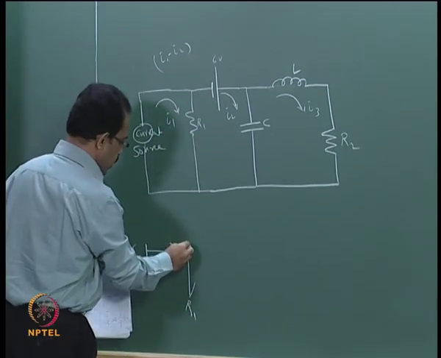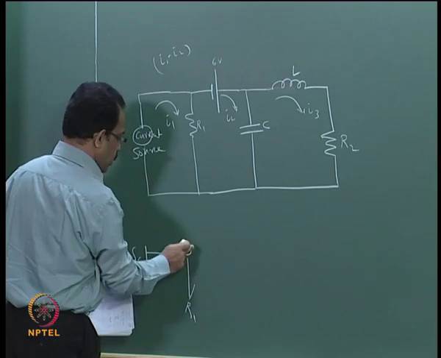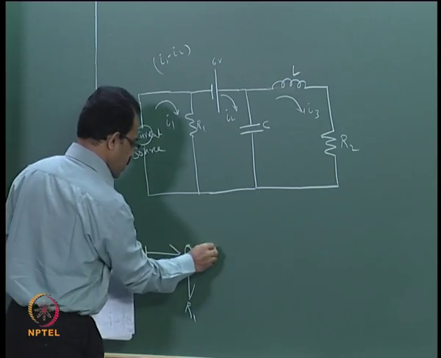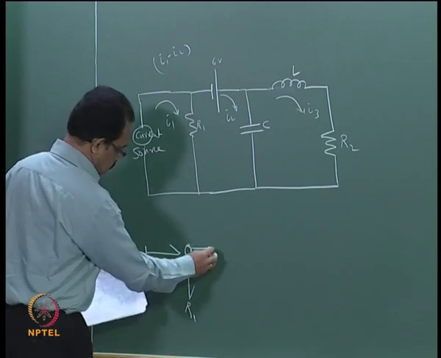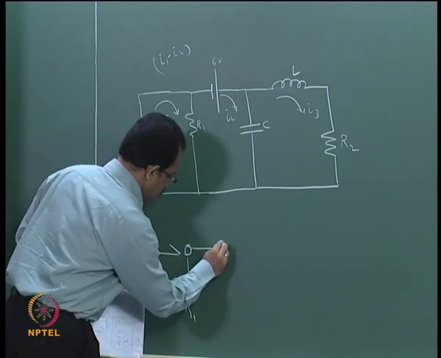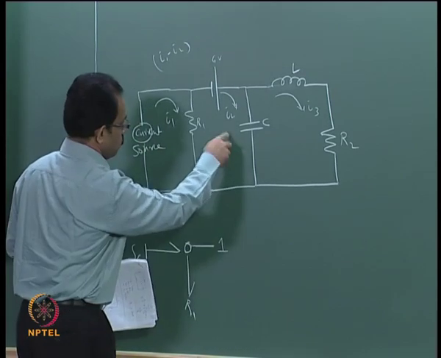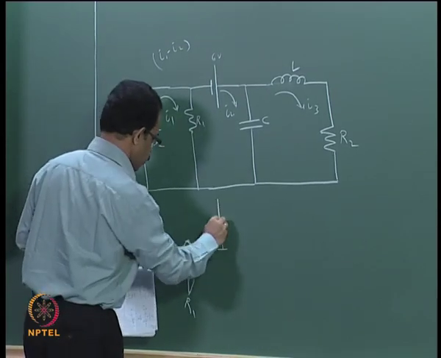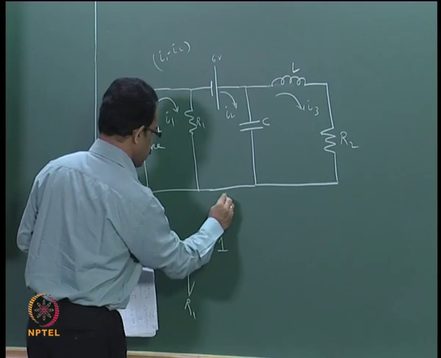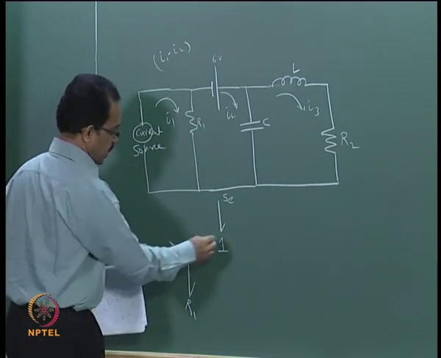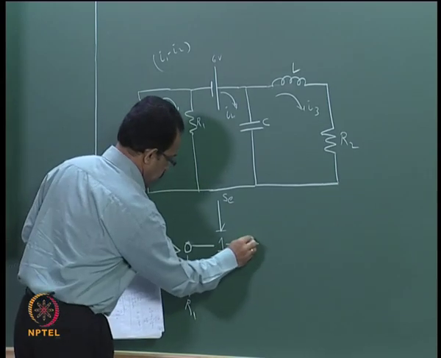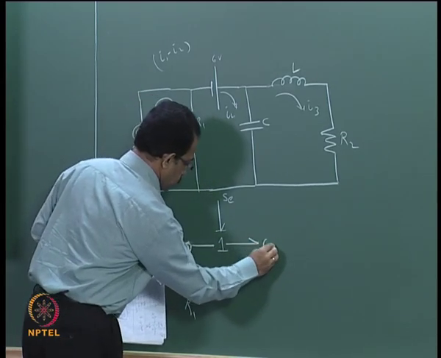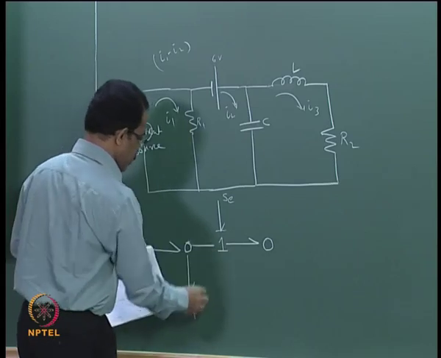So there will be a common effort junction here to represent the flow of currents I1 and I2 onto this element R1. Then we have an effort source coming, that is SE, a voltage source acting, and a current flowing from it, which is I2.